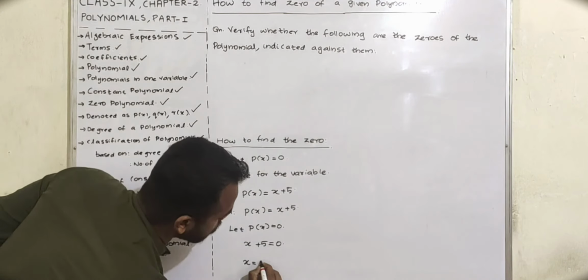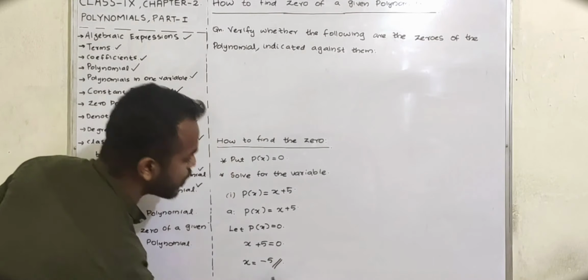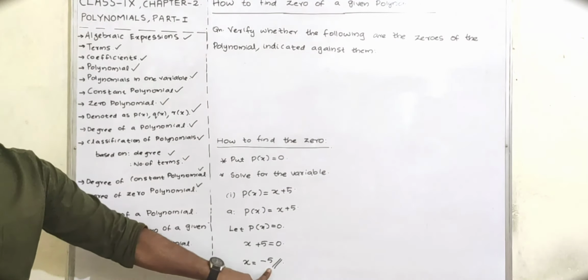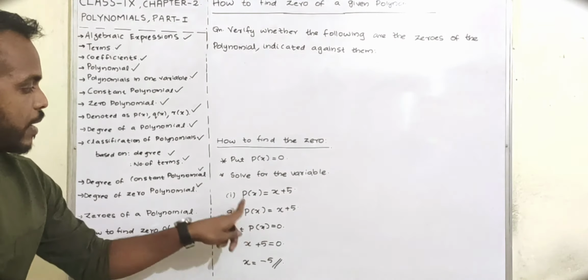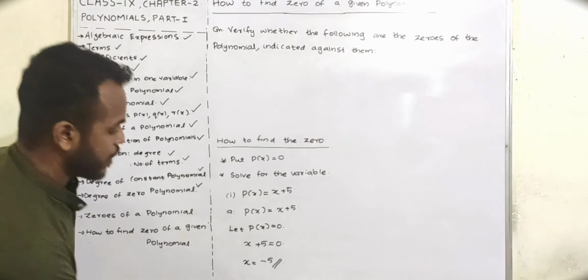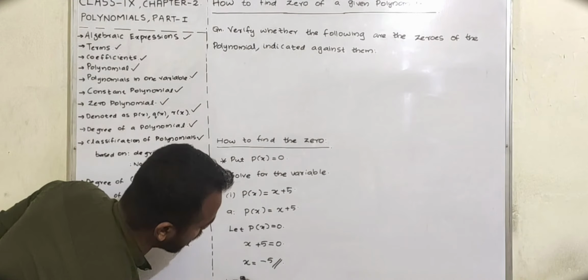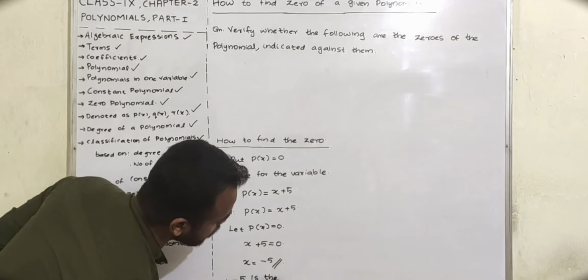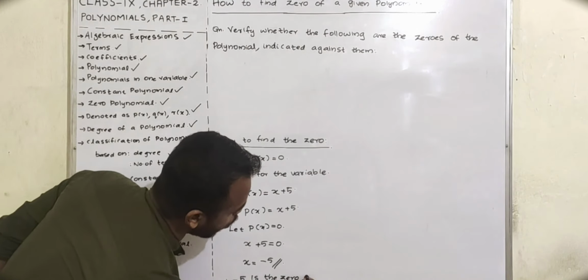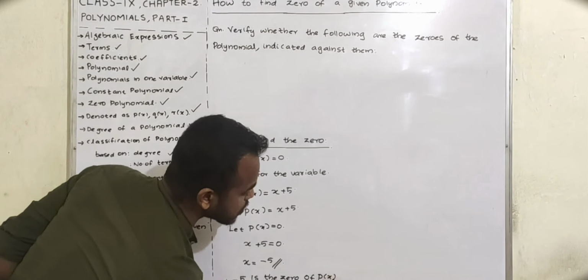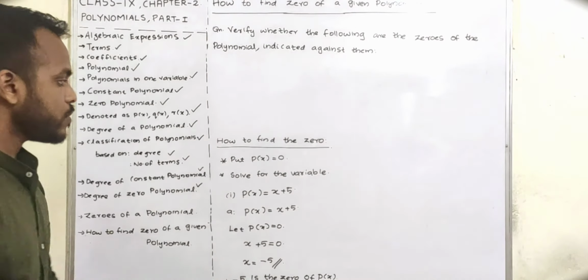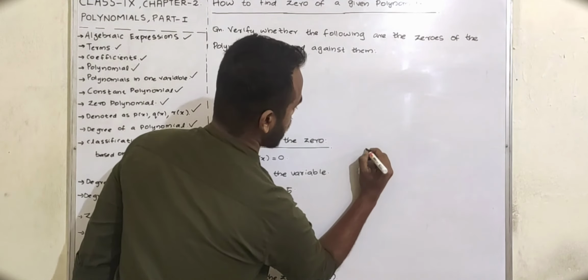So 5 will be taken to the other side. So you will get the answer as minus 5. So the 0 of the polynomial p of x is minus 5. We can say therefore minus 5 is the 0 of p of x. You understand?